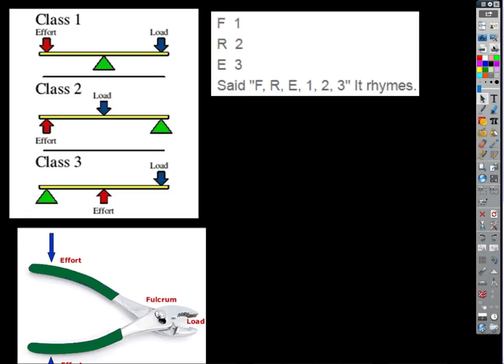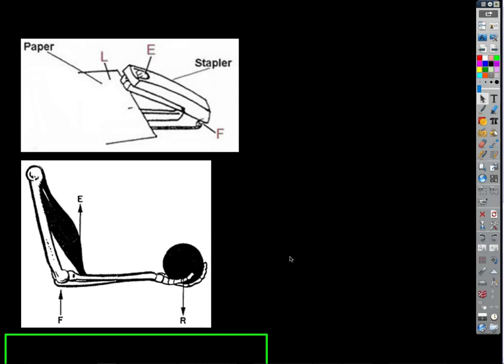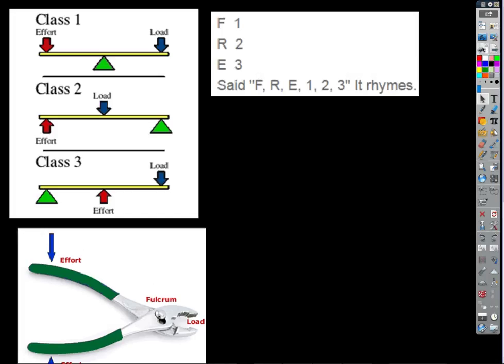Levers are easy ones to look at, but they represent all the rest of the machines pretty easily. So we said a bicep is what kind of lever then? Class 3, right? And remember, how do we remember? FRE 1, 2, 3. So whatever's in the middle, fulcrum, resistance, or effort, right?